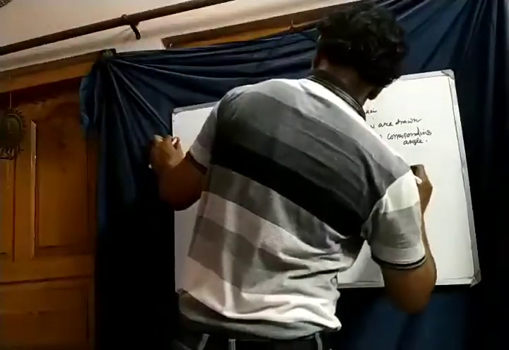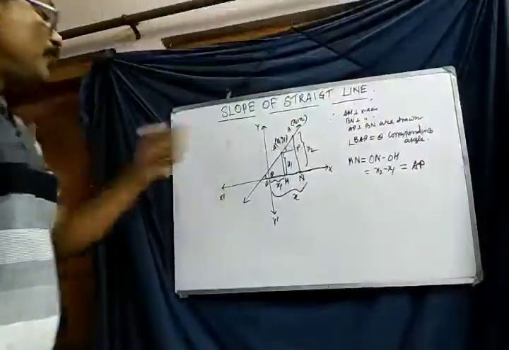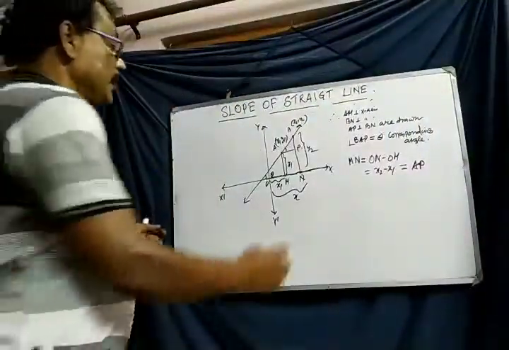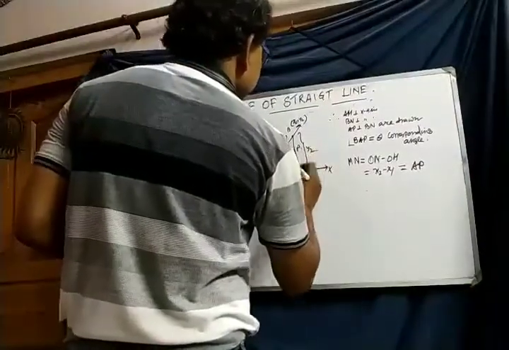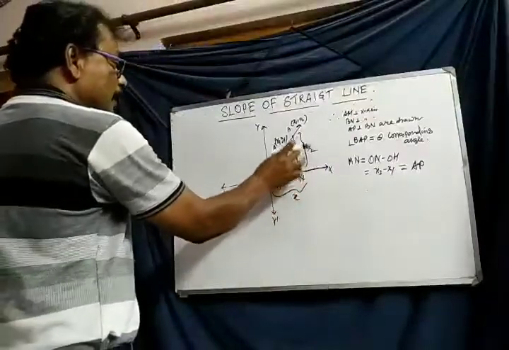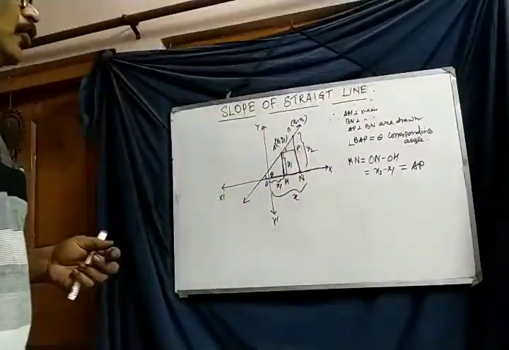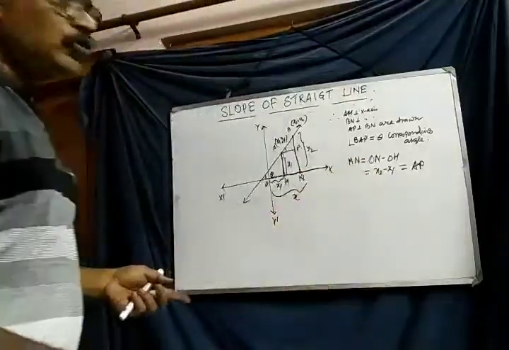is equal to AP. Why? Opposite sides of the same rectangle. If we treat MNPA as a rectangle, then we can say that MN is equal to AP. So MN, which is x2 minus x1, is also equal to AP.